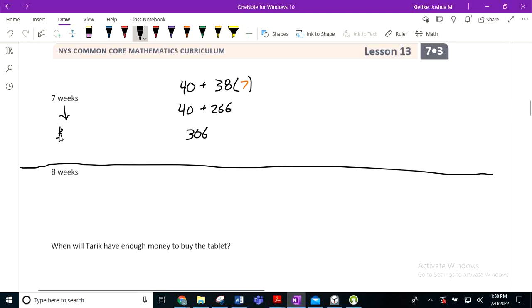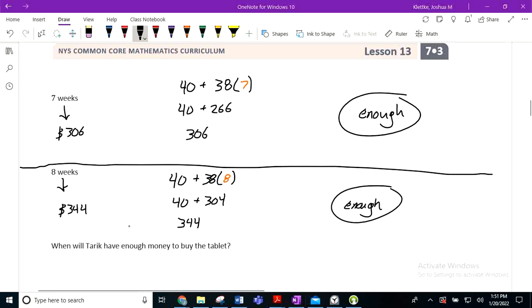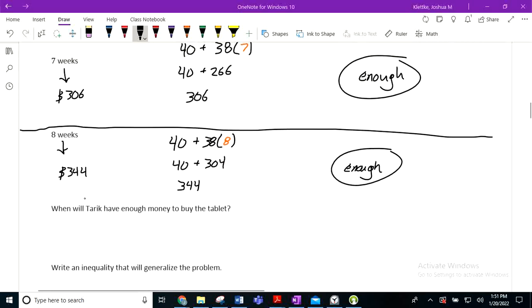So after 7 weeks, he had $306. It's nice to save money. So he has enough. And then after 8 weeks, he has $344. So that's enough. So when will Tyreek have enough money to buy the tablet?